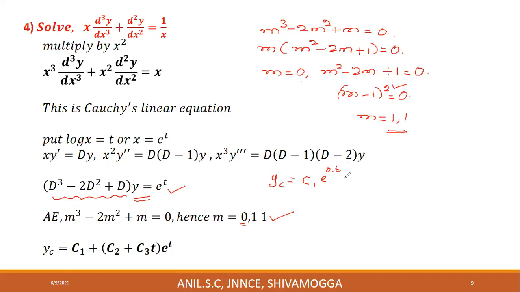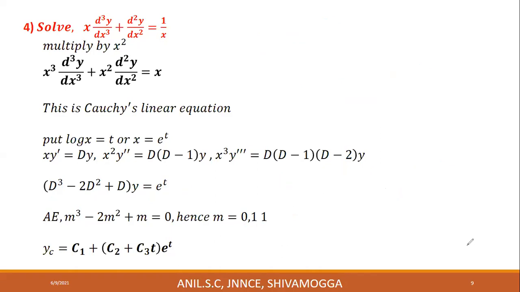It is equal to 1. 1 into C1 is C1, plus m is equal to 1, 1. These two are real and repeated roots. Therefore, rule number 2 is applicable. C2 plus C3 t into e power mt. m is 1. Therefore, e power 1t, that is e power t. This is what we call the complementary solution, or yc. You make a note of this.